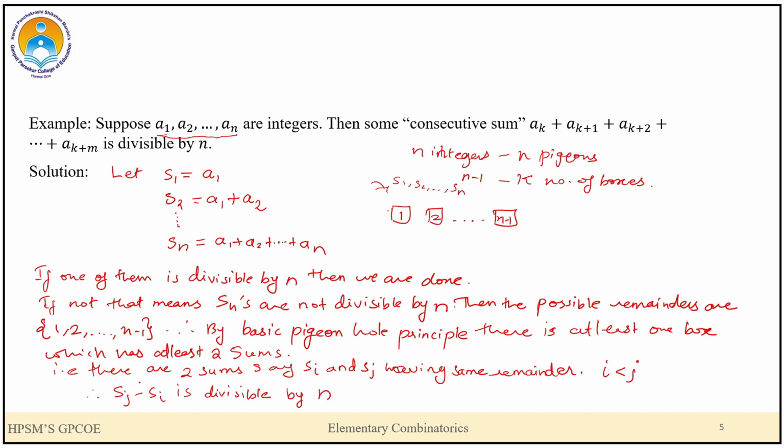Now this is also a sum, Sj minus Si, and up to the ith component all the terms will go off, and what we will be left with is a(i+1) plus a(i+2) up to aj. So we have got such a sum which is divisible by n, and hence we are done with this example, that is, some consecutive sum is divisible by n.